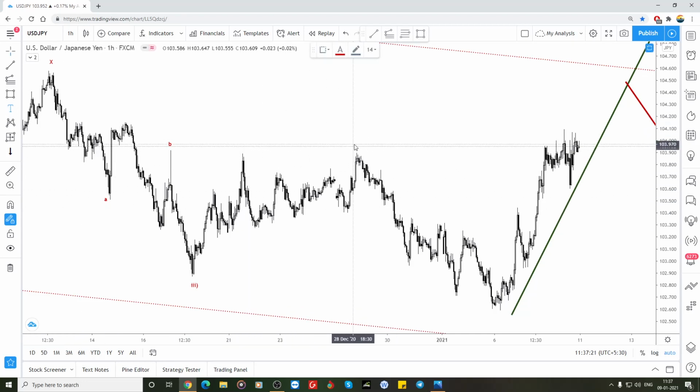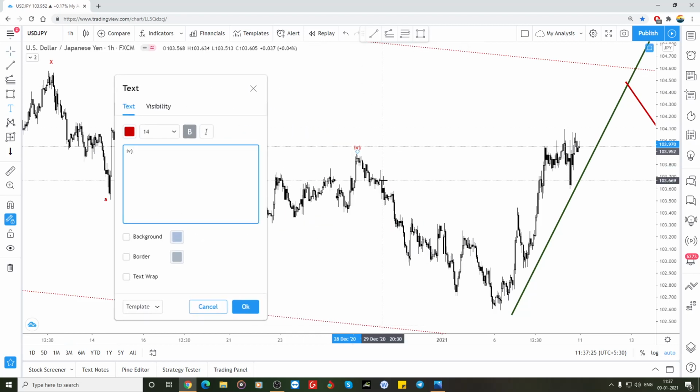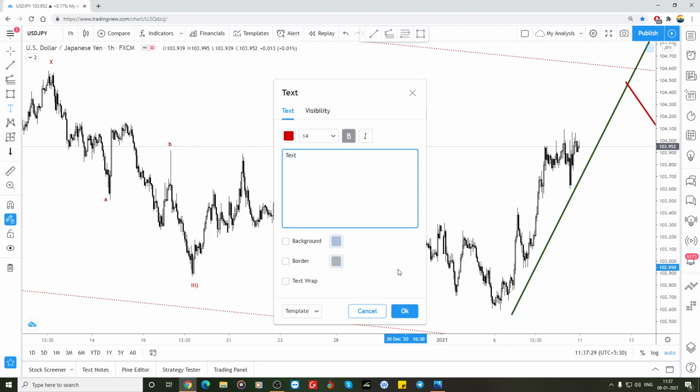So this is the fourth wave. So after that, this is the A wave, this is the B wave.